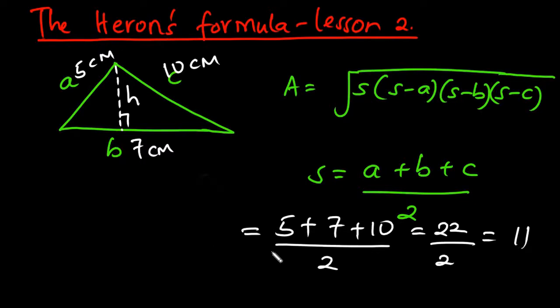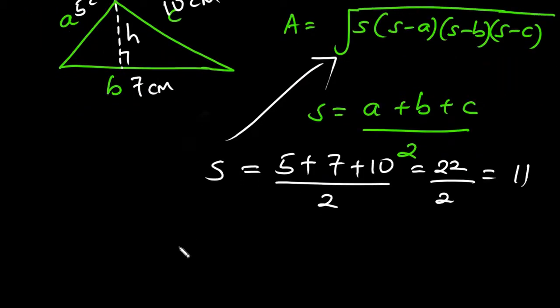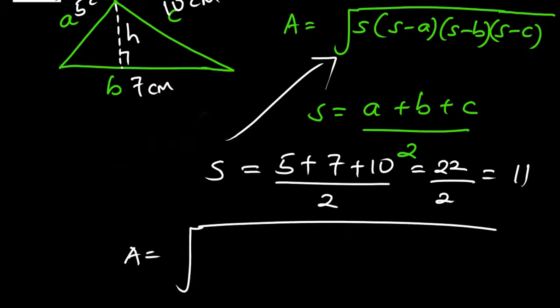Okay, so this is the value of S, so we can now fix it to that formula so that we can now get the area, and the area is going to be the square root of, so we have S is 11, then we multiply by S minus A, so it's 11 minus 5, so that will be 6, and then times S minus B, 11 minus 7, which is 4, and then times 11 minus C, which is 10, so 11 minus 10 is 1.